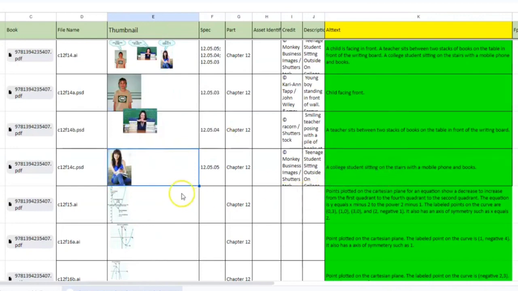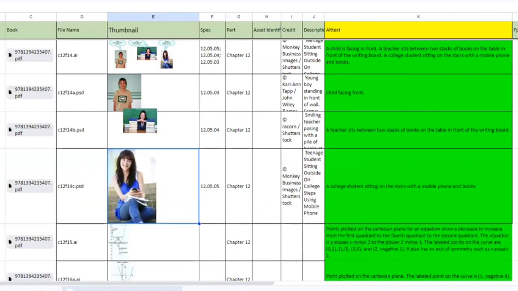Okay, this is right. So this is a college student, and you can ask, sir, how do we understand this is a college student? It's simple. She has books and so on, so that's why: a college student sitting on the stairs with a mobile phone and books.